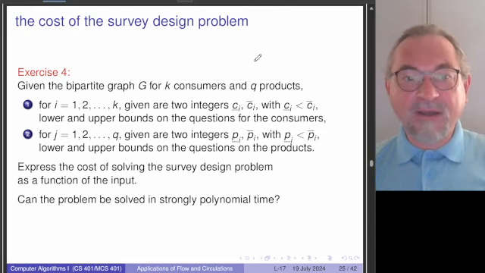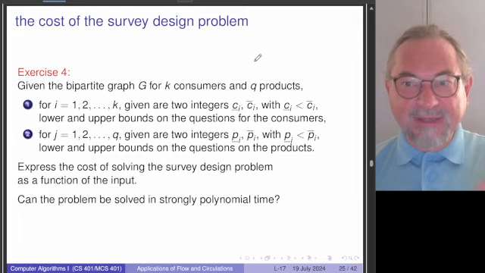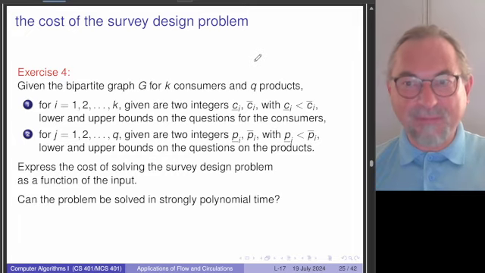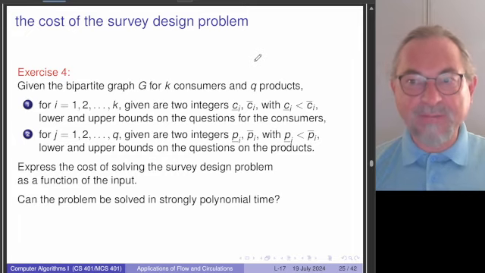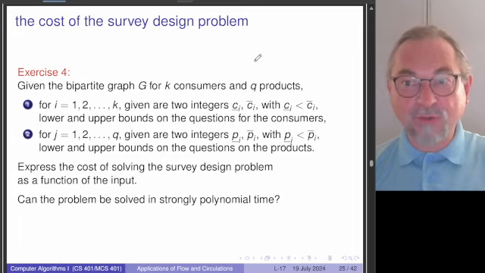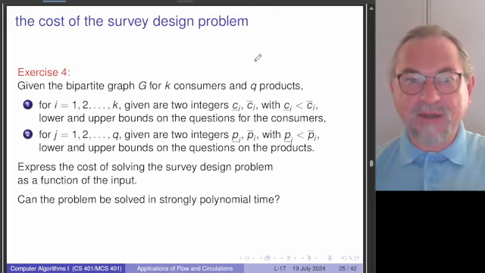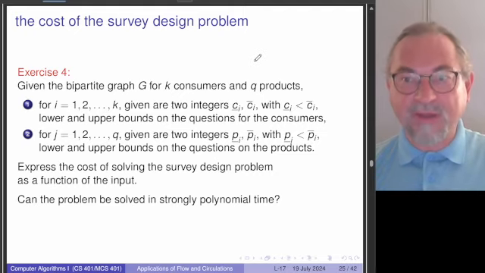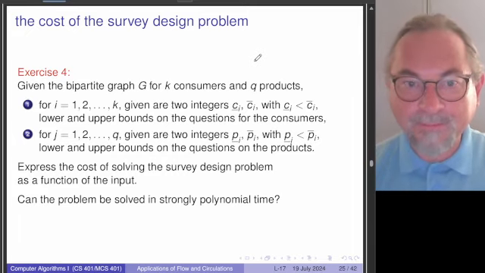Now, the algorithm may or may not depend on these lower and the upper bounds. So that's for you to figure out. You will reduce this, you will actually get rid of all the lower bounds, but then you still have to decide on the value of the maximum flow.